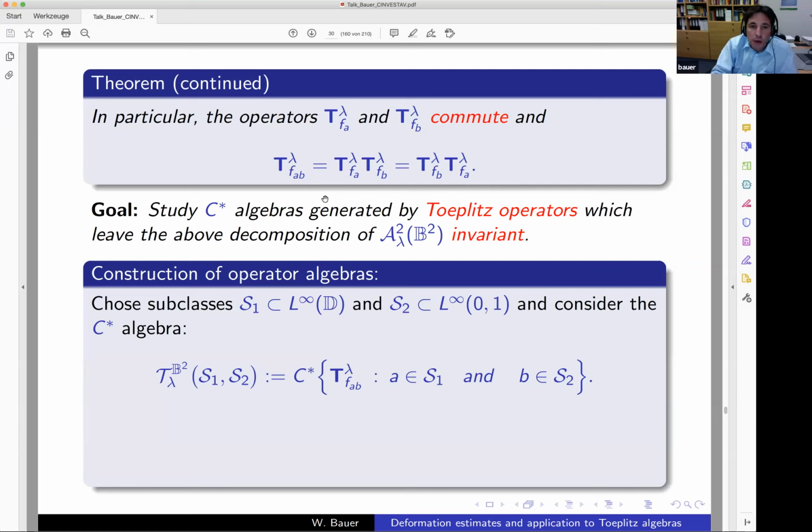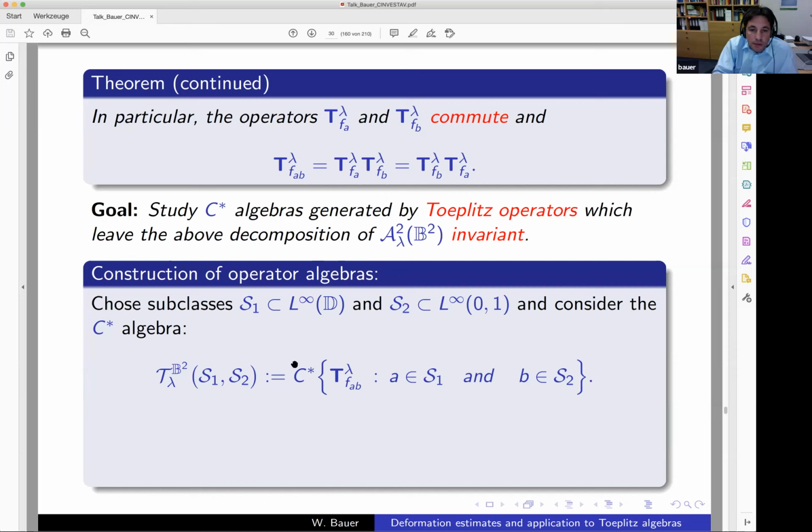So what we can do now is we can pick A from a certain set S1 in L infinity of D, and B in a certain different set, which is denoted by S2 here, in L infinity of 0, 1, and then look at all Toeplitz operators with the symbol F_AB on the Bergman space over the 2-ball, where A runs through this first set and B runs through the second set.